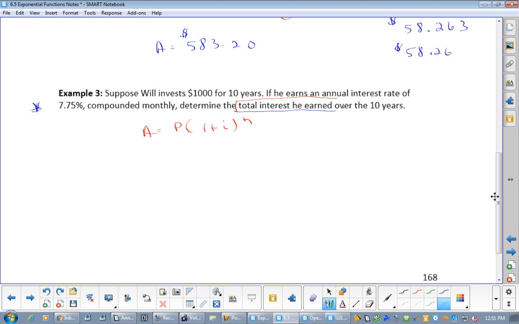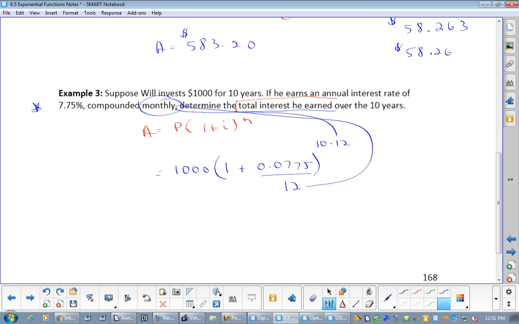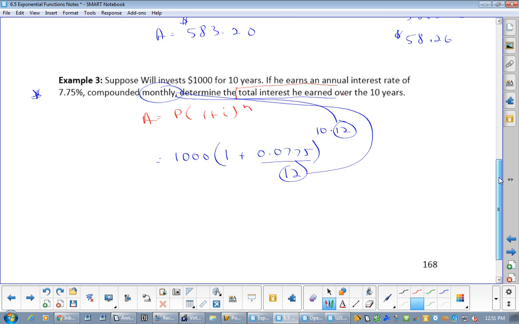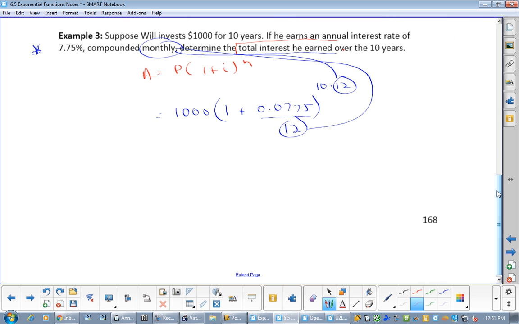What are we starting with? $1,000 is what I'm starting with. 1 plus, what is my interest? 0.775, right? Am I dividing this by anything? Monthly, so we're putting a 12 here for 10 years, so we're going to put a 12 there. And again, let's just draw our lines, because they're notes. We do want to figure out later where we get those 12s from. Okay, let's put it in.